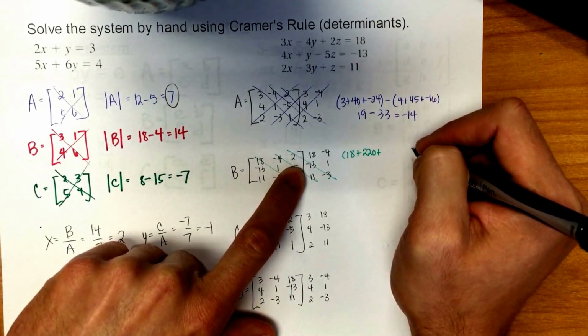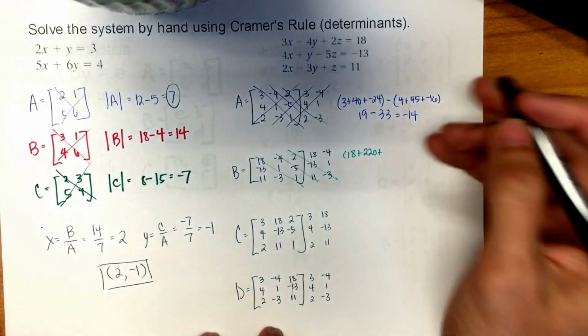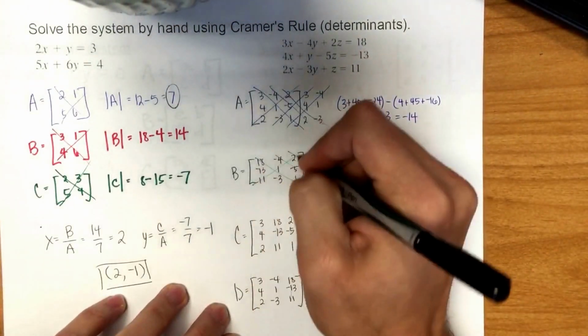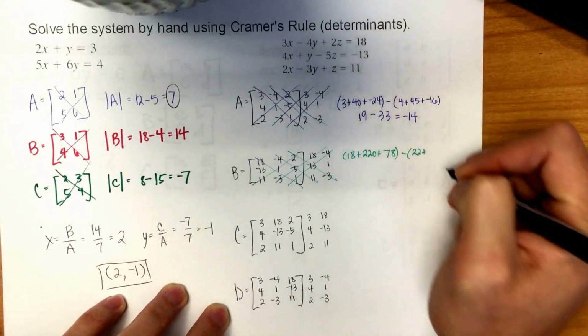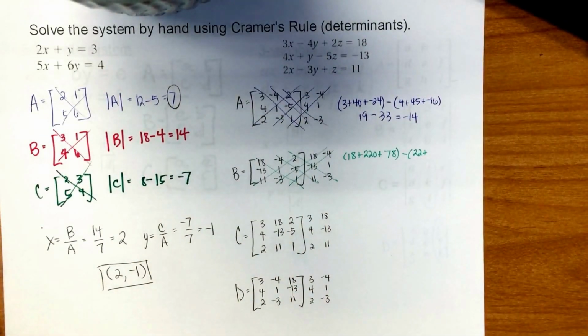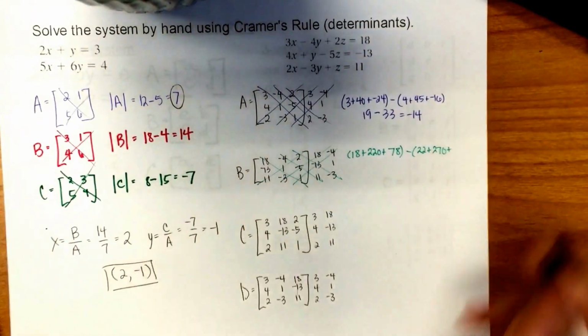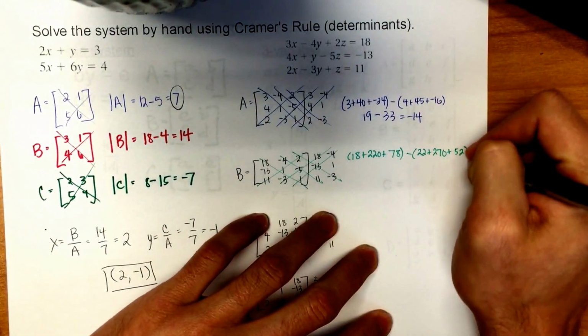Third diagonal is going to give me 78. If I go up the diagonals now, first diagonal gives me 22. Second diagonal gives me 270. Third diagonal is going to give me 52.